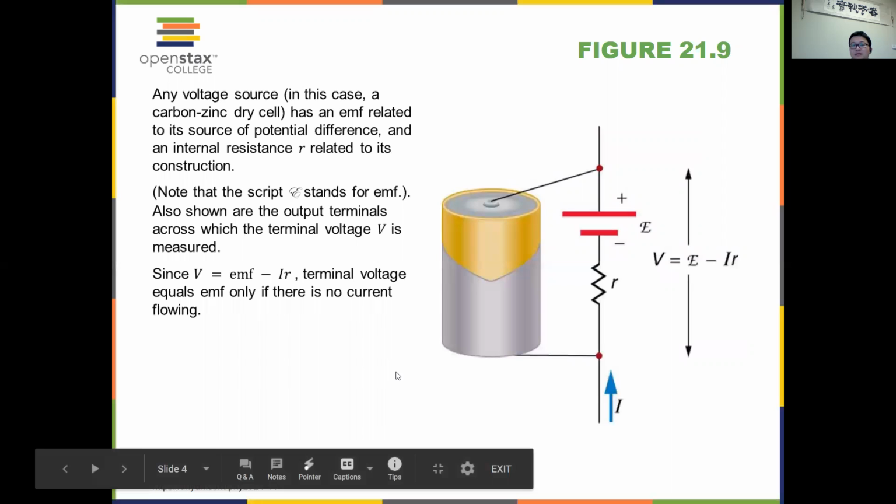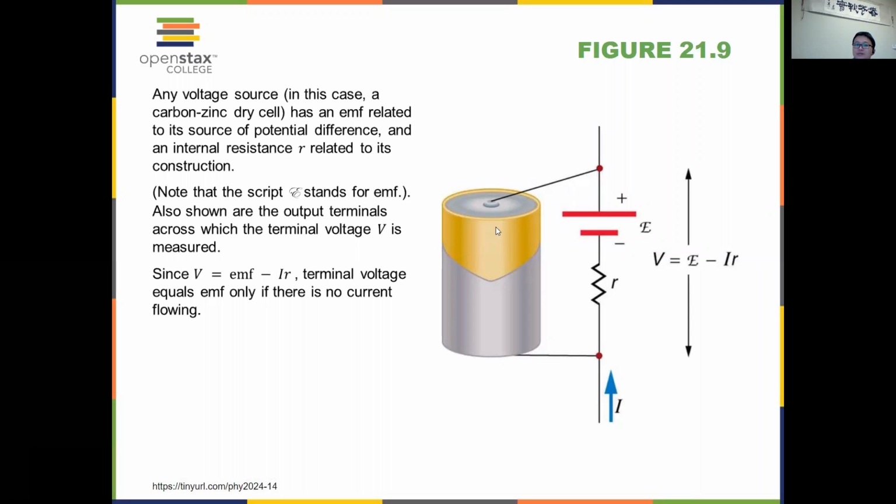Now for an ideal battery, we usually ignore its internal resistance. Inside the battery itself, there's an electrode which carries a small resistance. So in reality, there's a small resistance in the battery. When the battery is connected to an electrical element, for example a resistor, this small resistance is in series with the outside resistor.